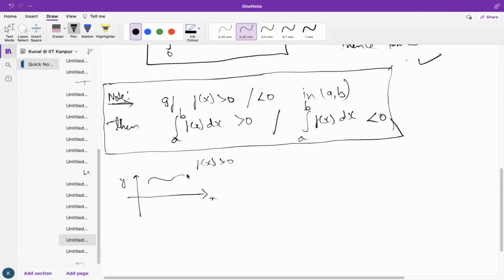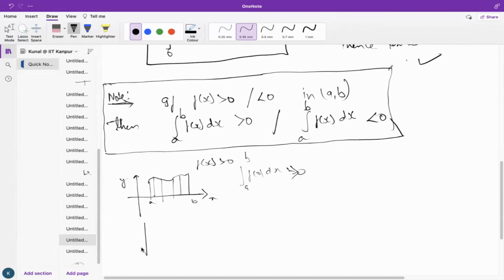Let us suppose this for every single x. This is a and this is b, right? So for every single value of x, the value of the function is positive. This function is positive, so the area f(x) dx is also positive because it lies above the x-axis.